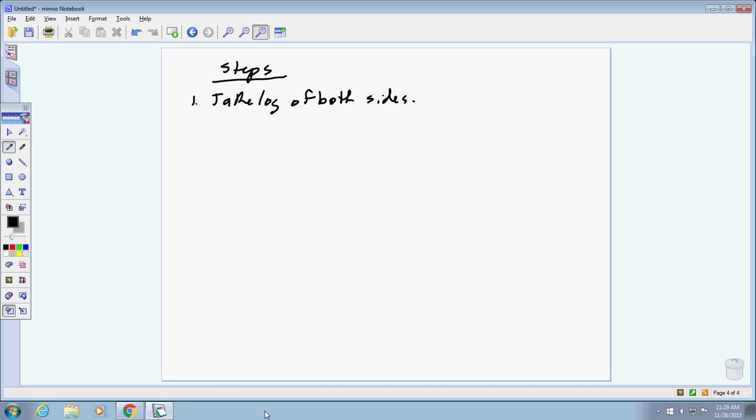Take the log of both sides. 2. I guess simplify however you want to do that. And 3, isolate x, or isolate the variable. There's not much more to it than that.